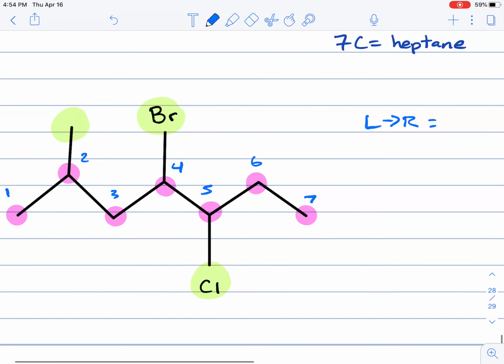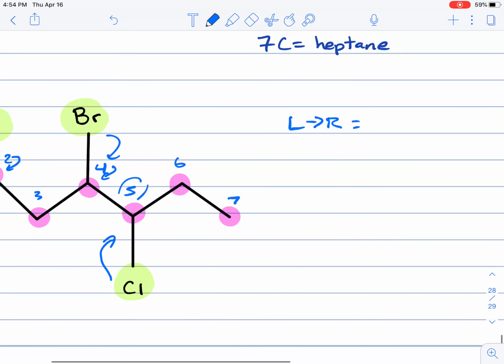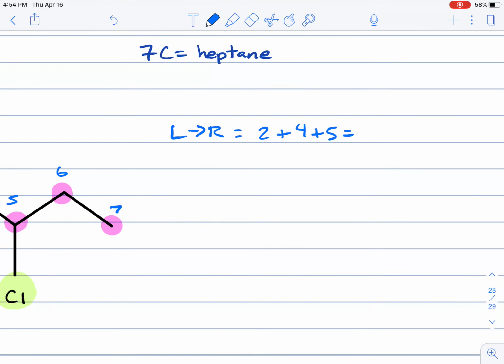I have a substituent on carbon 2, a substituent on carbon 4, and a substituent on carbon 5. So I'm going to take 2 plus 4 plus 5, and that gives me 11.